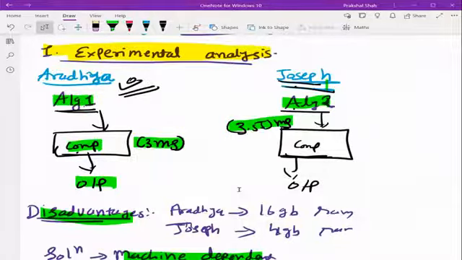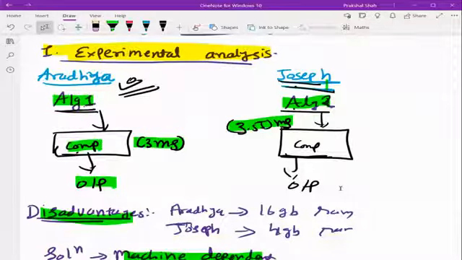My voice is still breaking, everyone. So I cited an example that Aradhya has his car and Joseph has his bicycle. They both are participating in a competition.